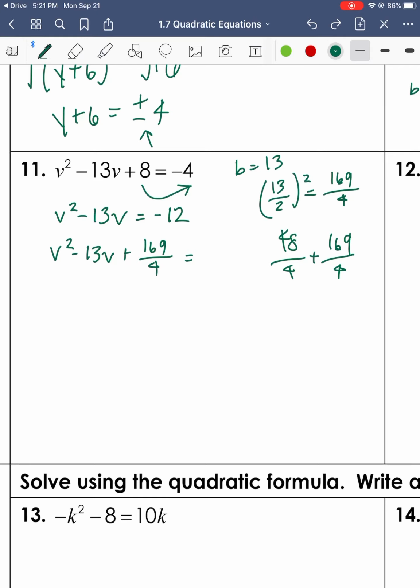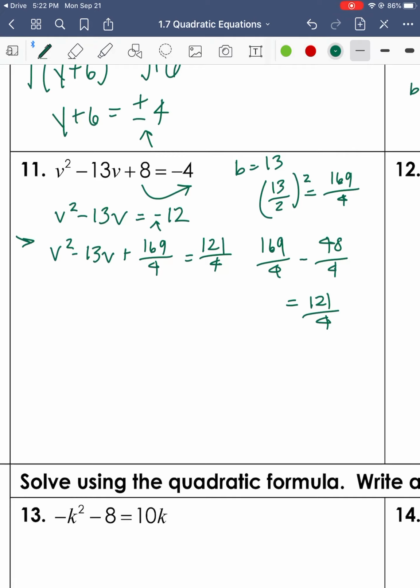Sorry, let me back up. I'm trying to rush so your video isn't so long. So we have 169 over 4 minus, because this 12 is a subtraction, minus 48 over 4, and that's going to give us 121 over 4. Okay, so this is going to equal 121 over 4.